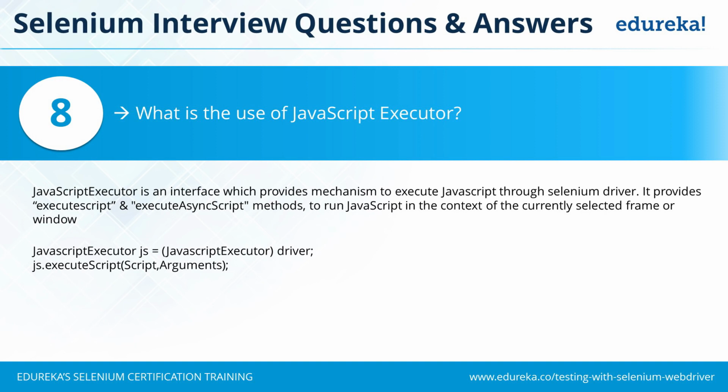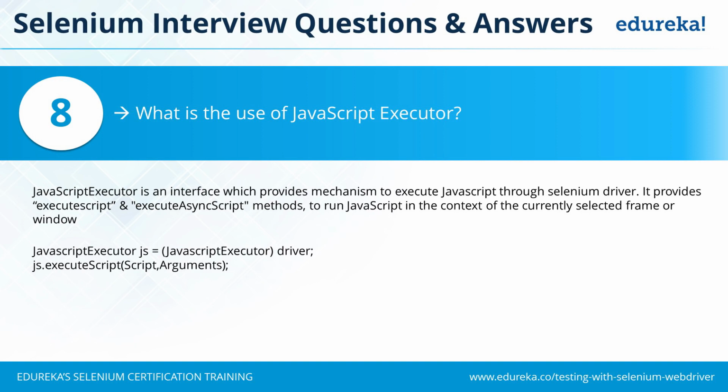JavaScript executor is an interface which provides a mechanism to execute JavaScript through Selenium WebDriver. It provides executeScript and executeAsyncScript, that is asynchronous script, methods to run JavaScript in context of the currently selected frame or window. So it knows the context will be whatever is currently selected.